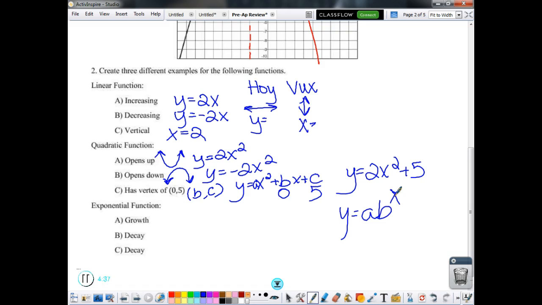If it's less than 1, decay, all right? So an example of growth would be 2 times 3 raised to the x. Decay has to be less than 1, so 1/2 raised to the x. Sometimes they'll put it as fractions or decimals.